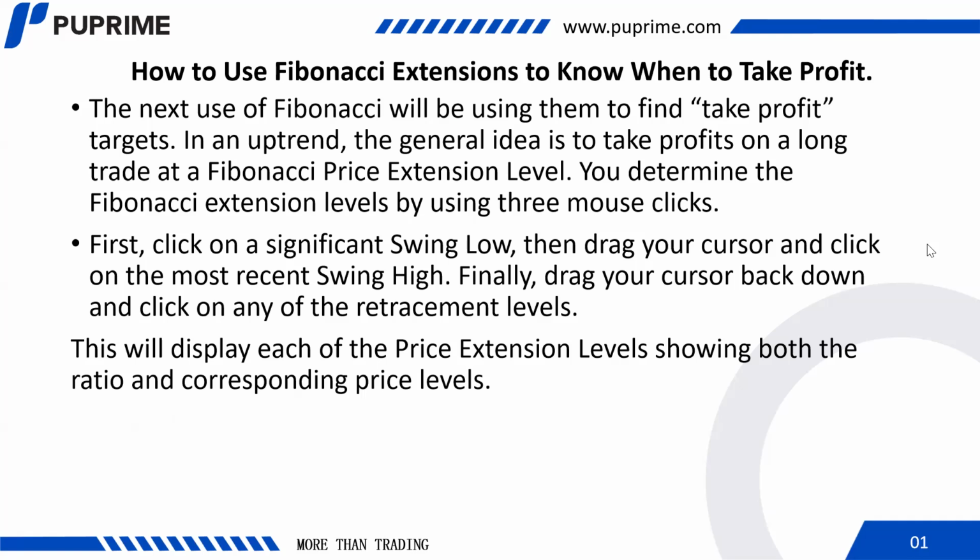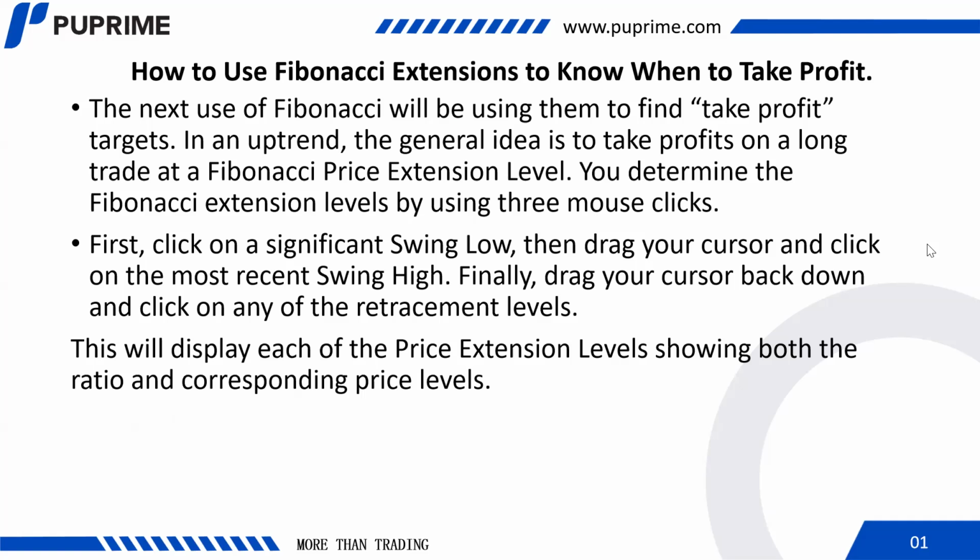In the next phase of using Fibonacci, you'll be using it to find the take profit. All this we are going to learn on Wednesday's class. We can use the Fibonacci tool to know when to take profit.